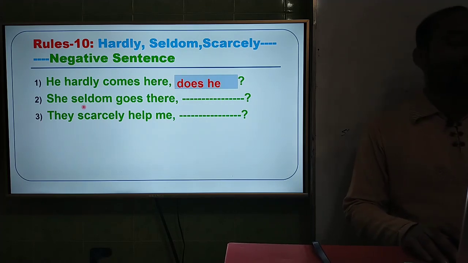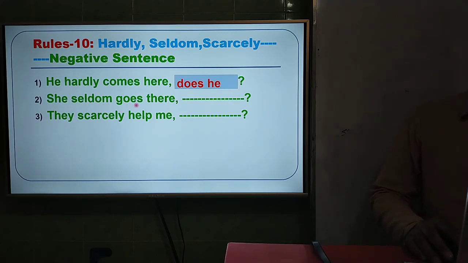And the second question, "She seldom goes there." Here there is no operator, so we have to use do or does. As we have got "es" after the verb, we have to use does. So the answer will be "does she". And the last one, "They scarcely help me."